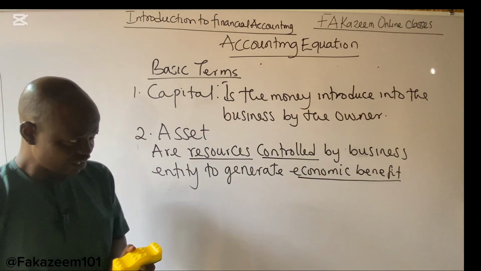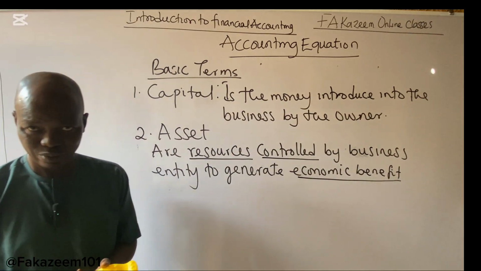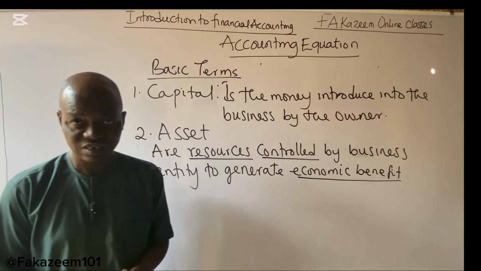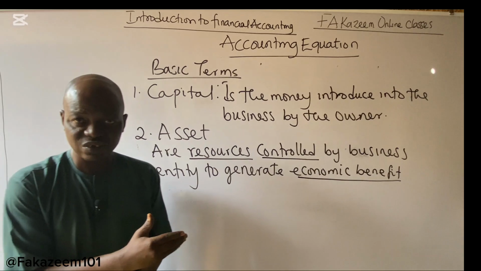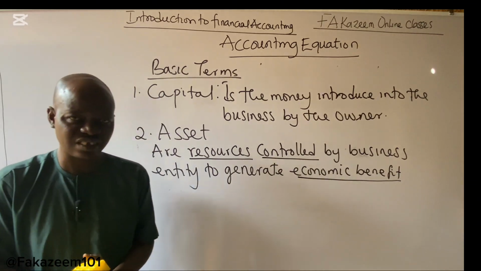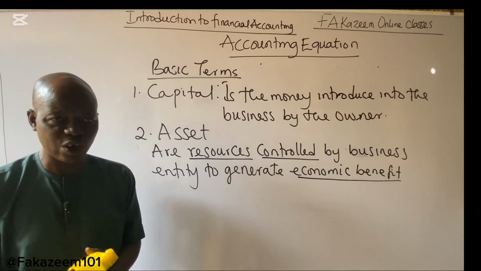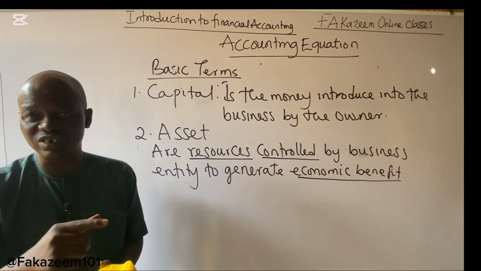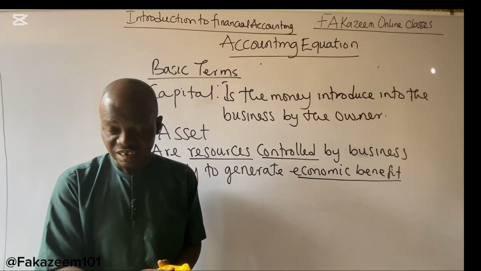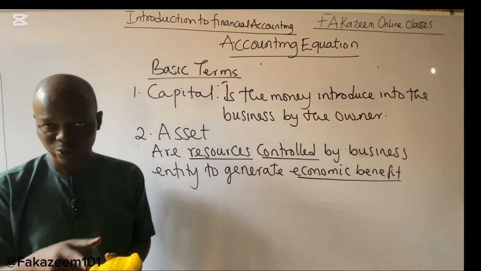In that case, why control? Previous authors have defined assets as resources owned by business entity. The question now remains this: must you own an asset before using it to generate economic benefit? The answer to that question is no.